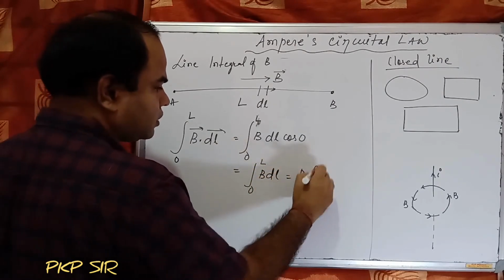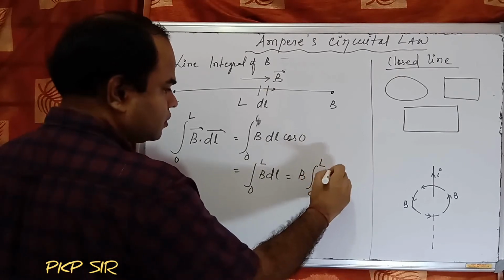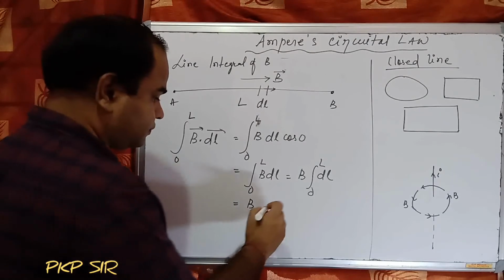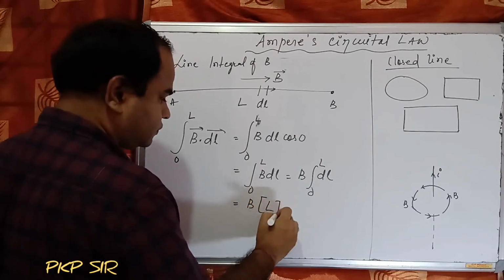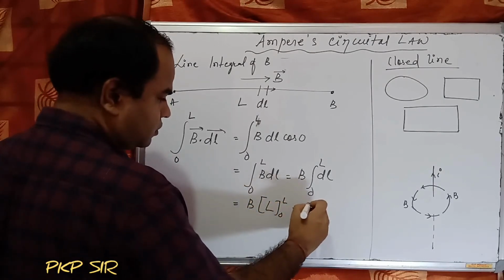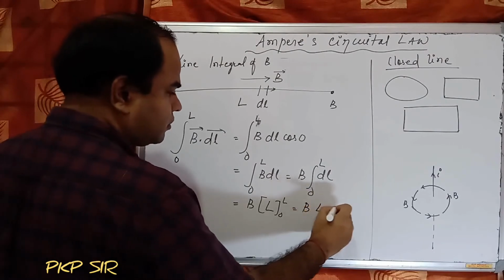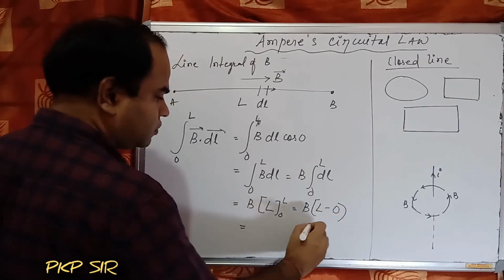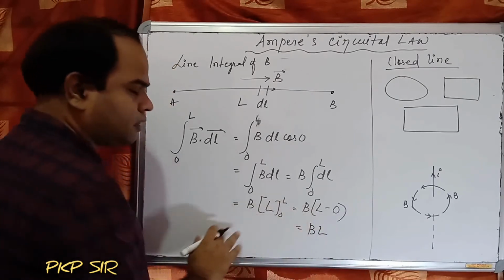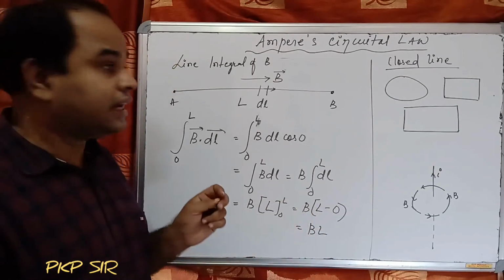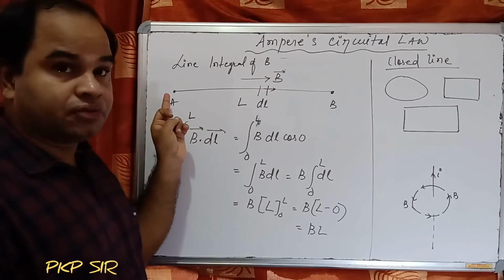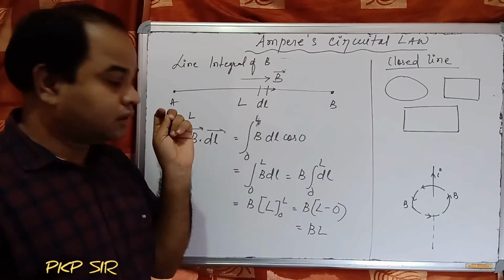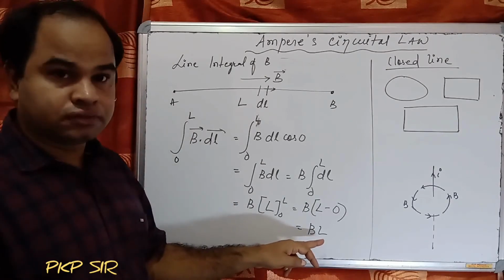B is constant, and the integration of dl is L, that is from 0 to L, BL minus 0, which is equal to BL. So the line integral of magnetic field along the length L is B into L.